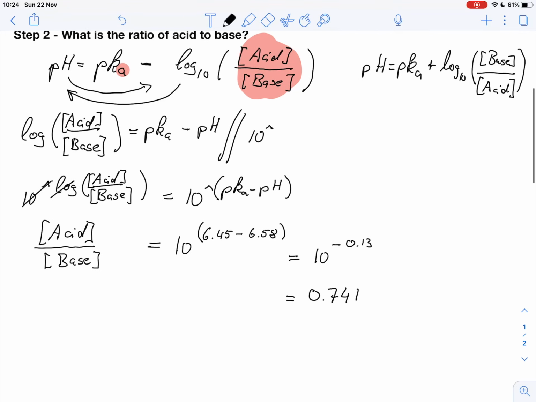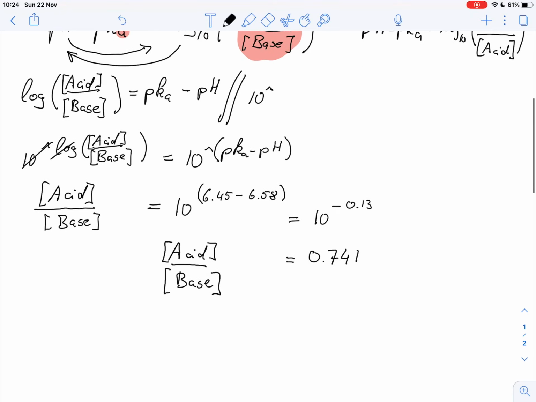So our ratio of acid to base equals 0.741. We can also write this as 0.741 over 1.